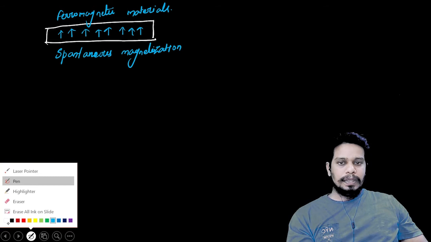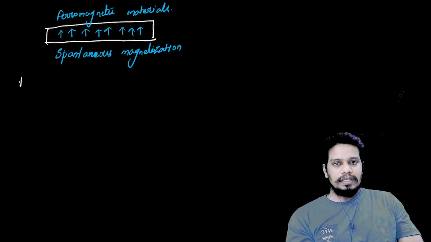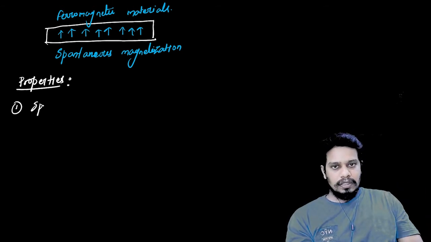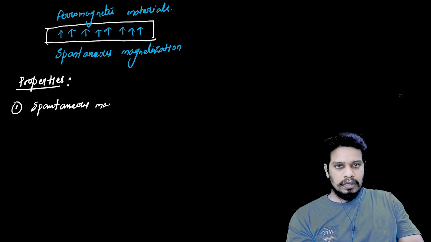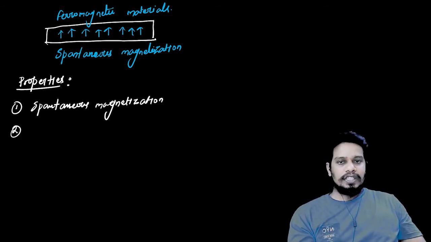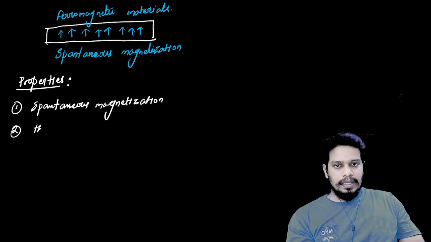Now, what are the properties of ferromagnetic material? You can ask, what are the properties? There is a spontaneous magnetization. The permeability of the ferromagnetic material will be large.